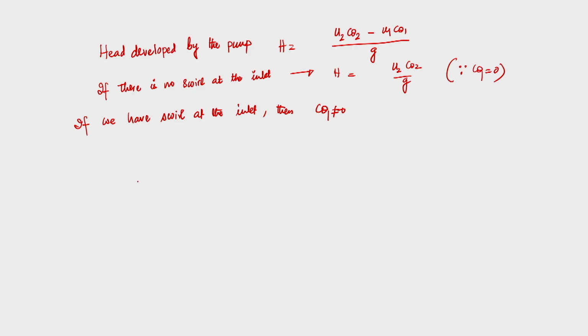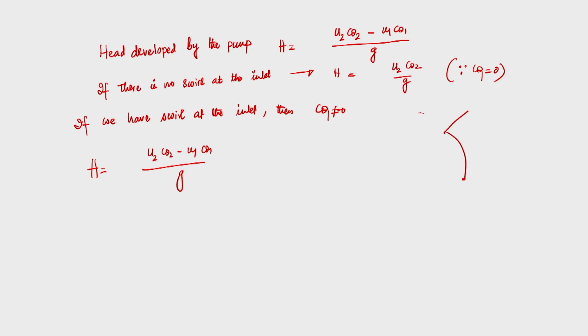Now, if we have a swirl at the inlet, that is C theta 1 is not equal to 0, in that case head developed by the pump can be written (U2 C theta 2 minus U1 C theta 1) by g.